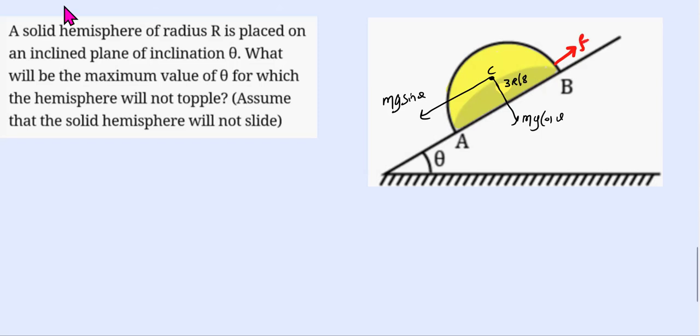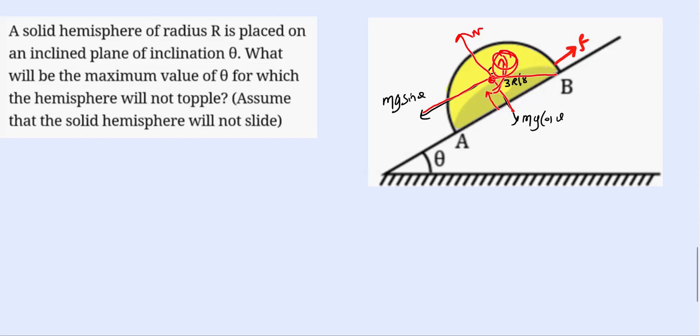In what direction, about what point can it topple? About the center of mass, the torque due to mg sin theta and mg cos theta will be 0. Torque due to friction will be anti-clockwise, so this hemisphere has a tendency to rotate anti-clockwise. Then who will balance that? If you say the normal reaction passes through the center of mass, the net torque will become non-zero.